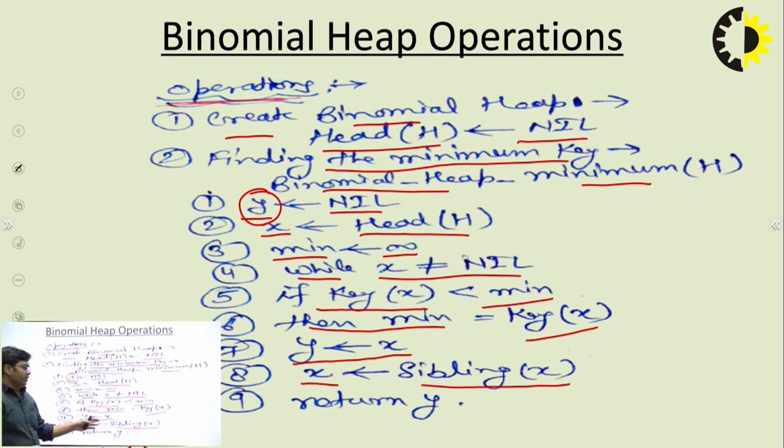If we have compared x with infinity, then we assign the x value to y, then we come to the next sibling of x. Then return y. This will give us the minimum key value present in the binomial heap.